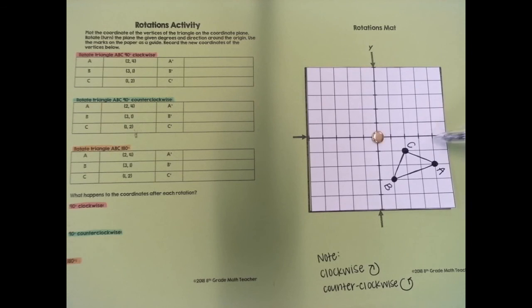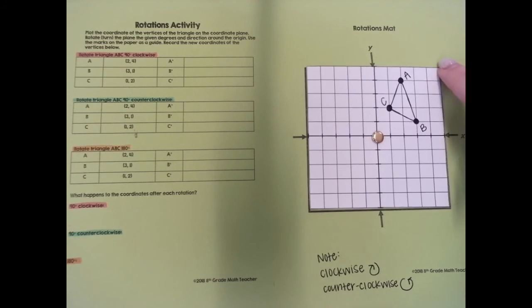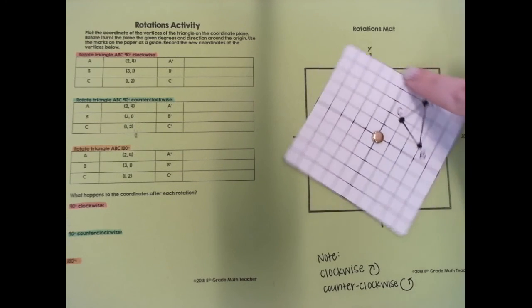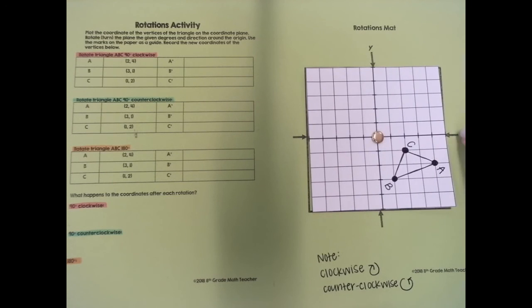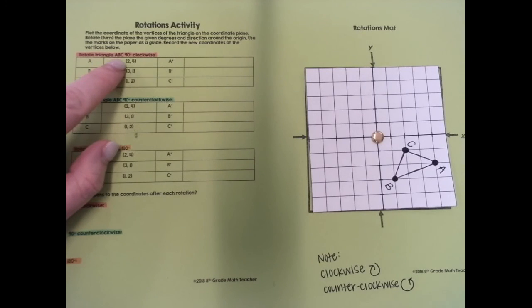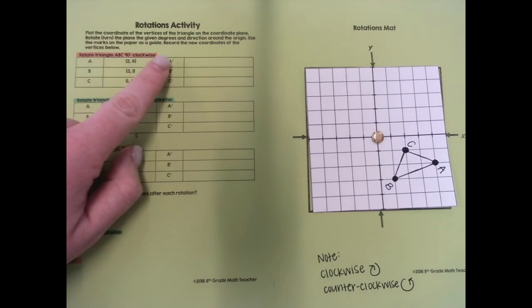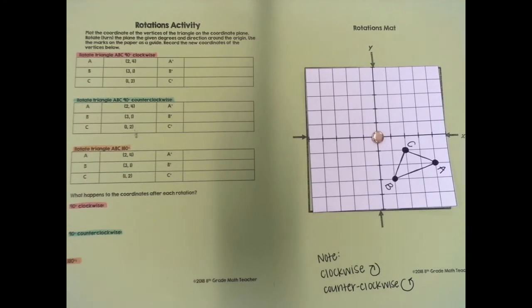So now I've completely moved this axis a whole 90 degrees to line up over here. Now I want to look at where those points ended up. The points that we started with are labeled in this table, and the new points, or the prime points, we're going to list them out.